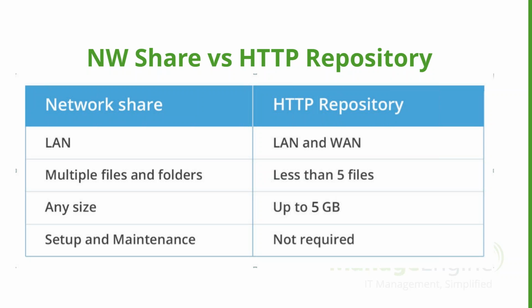In terms of a local share, all the machines connect to the local share in the local environment through the local network connectivity, so the file size can be anything. But an HTTP share involves bandwidth. The WAN machines have to connect to the HTTP share to download the package. So it is highly recommended to add up to 5 GB.